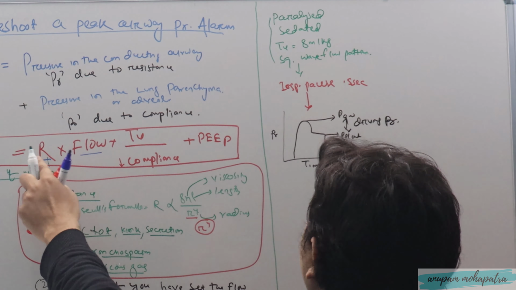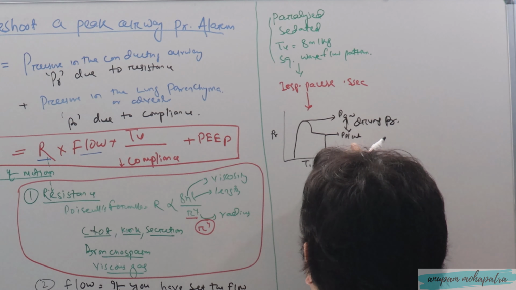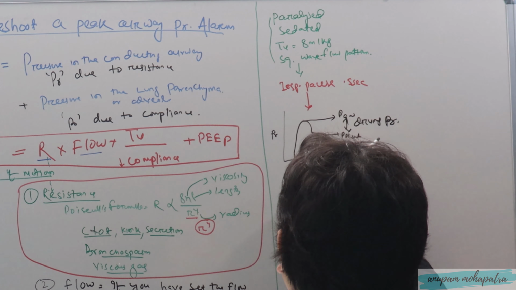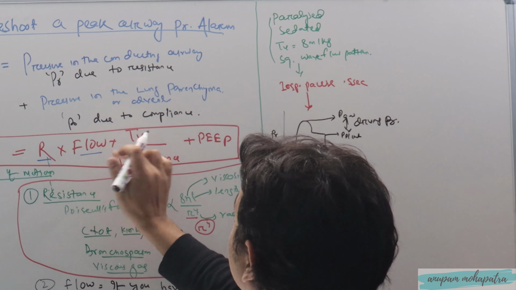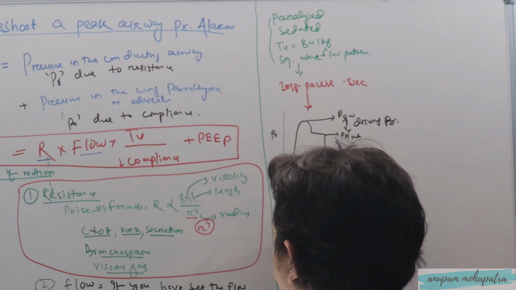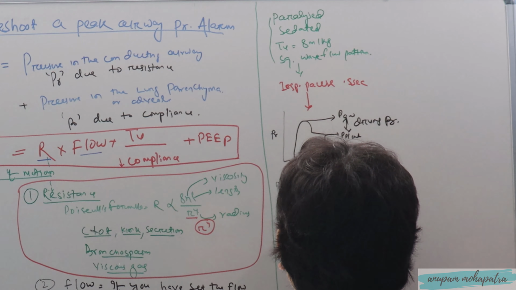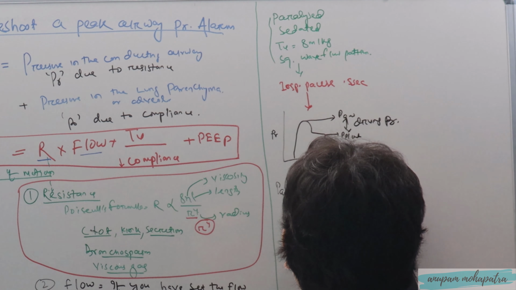So when you can differentiate these two things, you can cut this equation into two parts. Now if you find the driving pressure is normal, then this part is taken out altogether, so there is no problem in the resistance of the airway. If you find the P plateau is normal but P airway is high, then this part you can remove, right? So if you rewrite the equation: resistance into flow plus tidal volume by compliance plus PEEP.